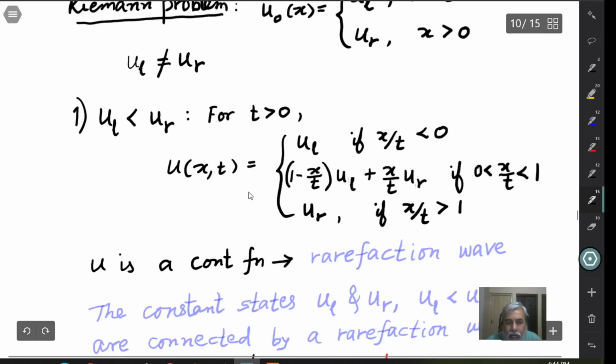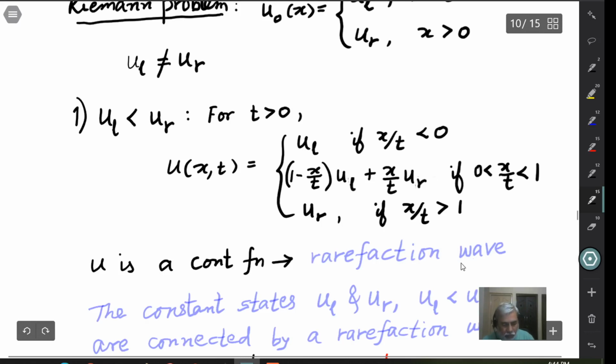We observe that u is a continuous function: at x equal to 0 it is continuous, and at x equal to t also it is continuous. This solution is referred to as a rarefaction wave.